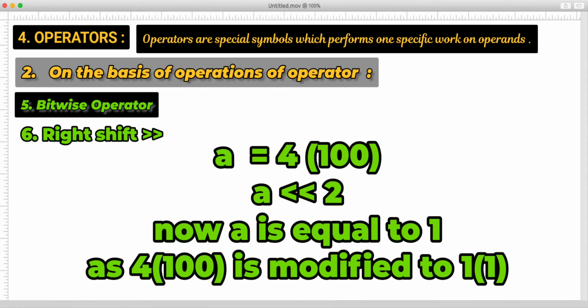As its binary code is 100, the 00 will be deleted, so the new binary code is 1. So now a will be equal to 1. Hope you understand the concept of the bitwise operators. So here we end up with our operators topic.